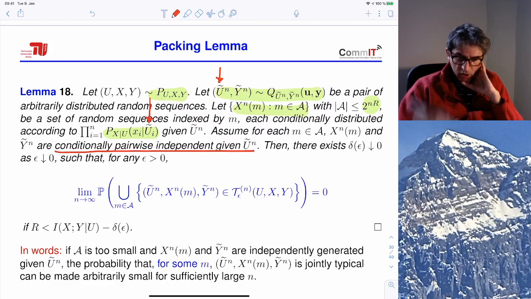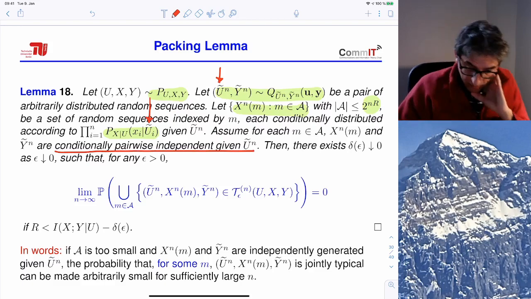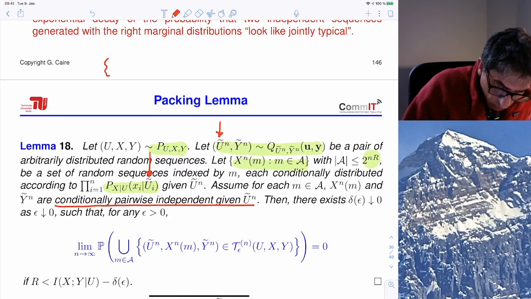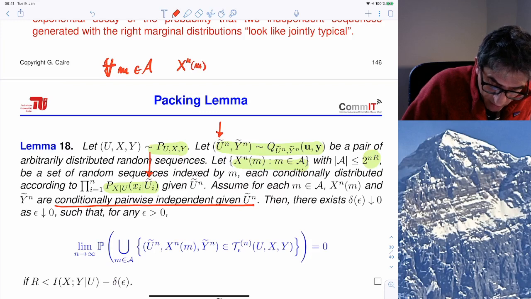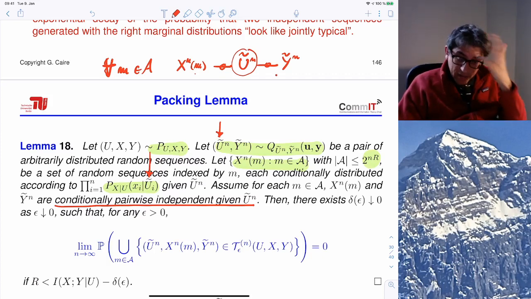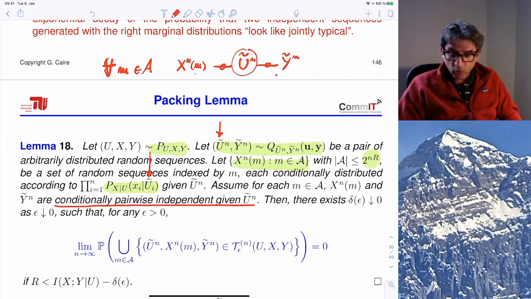So if I fix u, basically there is like an underlying Markov chain here: for every m in the set A, x m, u tilde and y tilde. So if I fix u tilde, x m and y tilde are conditionally independent.